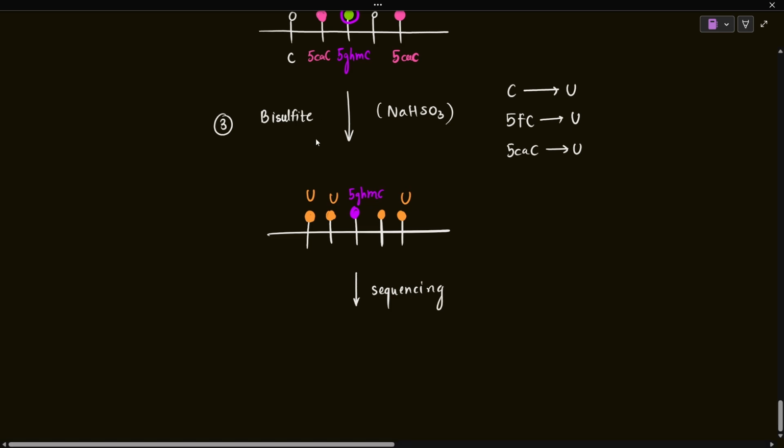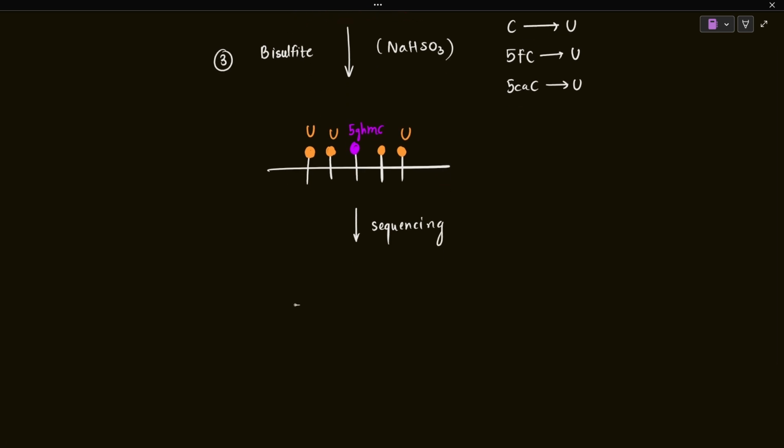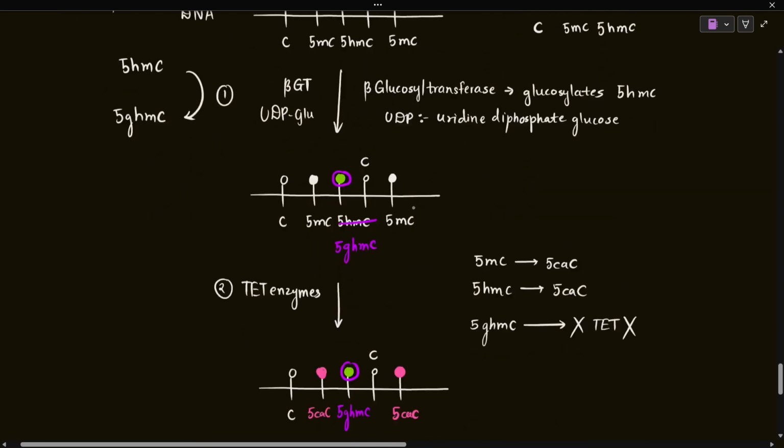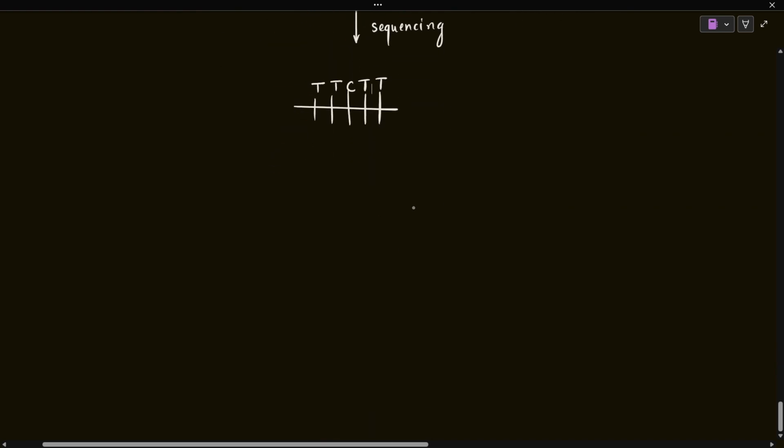And after that, we do sequencing. In the sequencing, what will be the read? The read will show as thymine, thymine, cytosine, thymine, and thymine. So this is the detailed step-by-step procedure of TAB sequencing. Let's summarize it here. In TAB sequencing, cytosine is converted to uracil and read as thymine, because bisulfite can act on it.